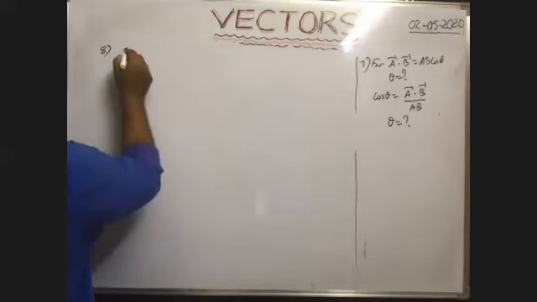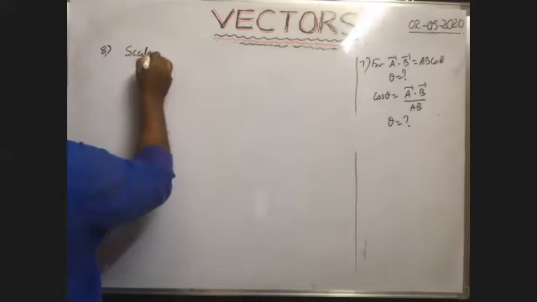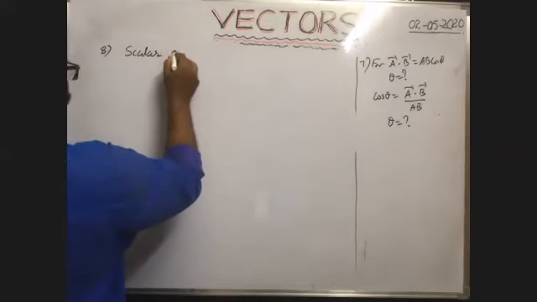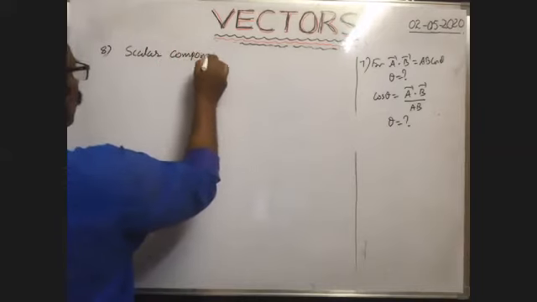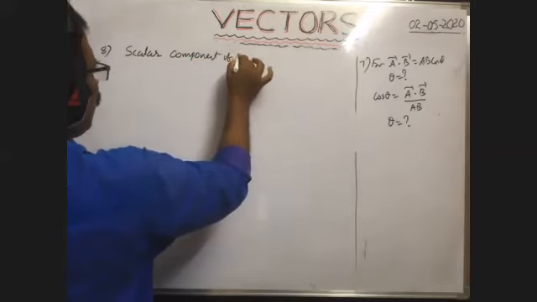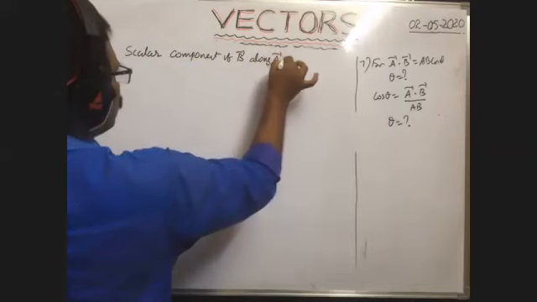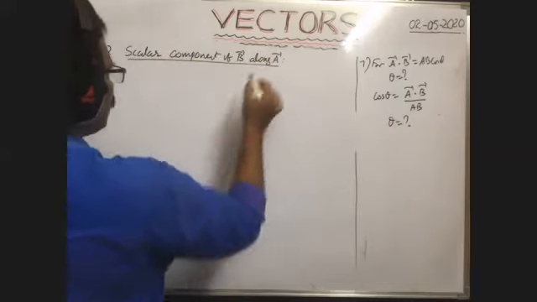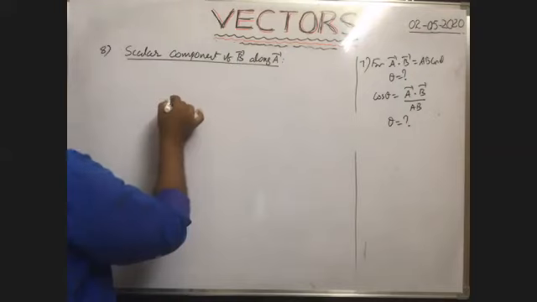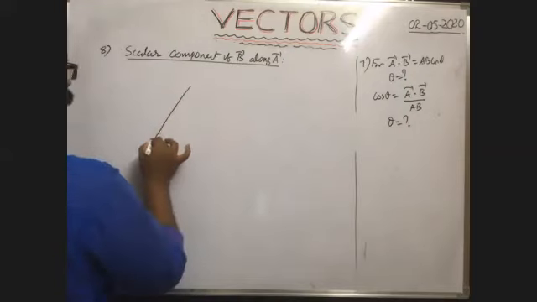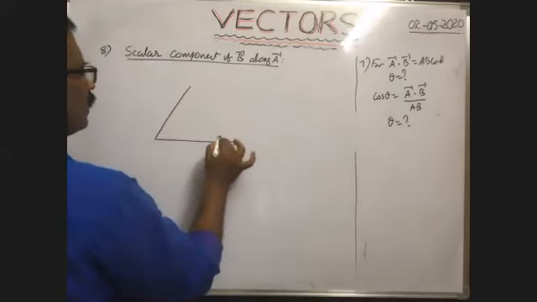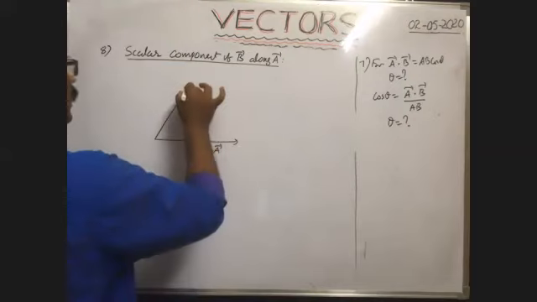Eighth one, scalar component, very important, of b bar along a bar. Scalar component of b bar along a bar. Suppose this is a bar, this is b bar.